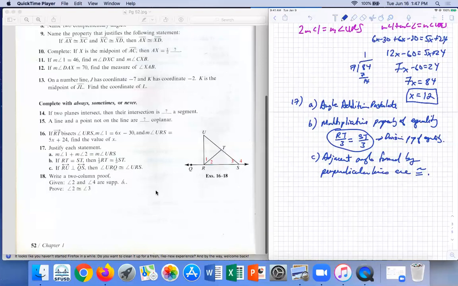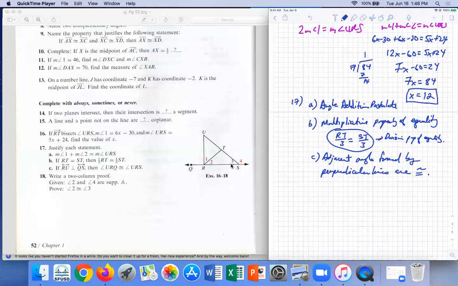All right, 18, write a two-column proof. Angle 2 and angle 4 are supplementary angles, meaning they add up to 180. We want to prove that angle 2 is congruent to angle 3. With proofs, there are a lot of different ways to do this. We're actually using congruent supplements there.